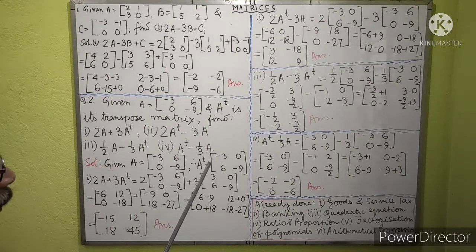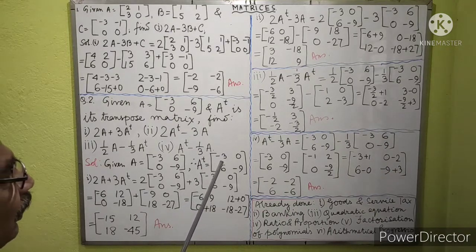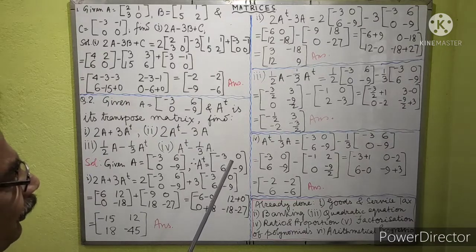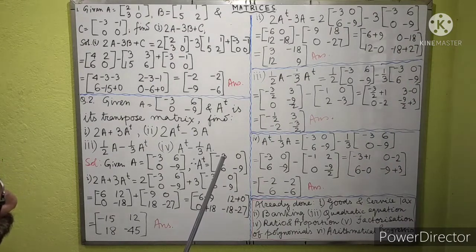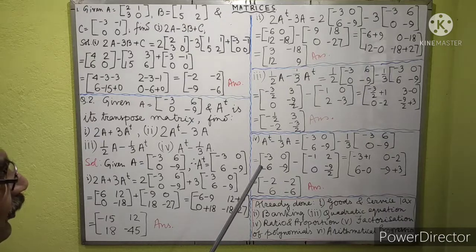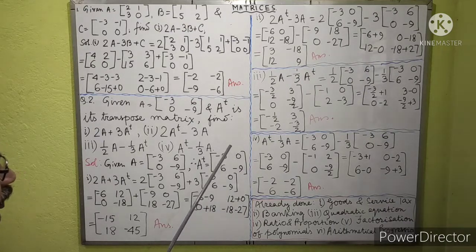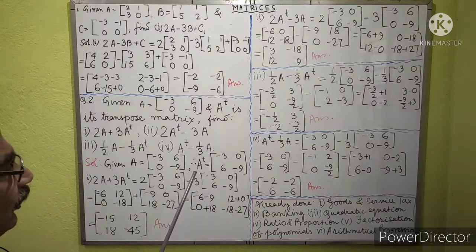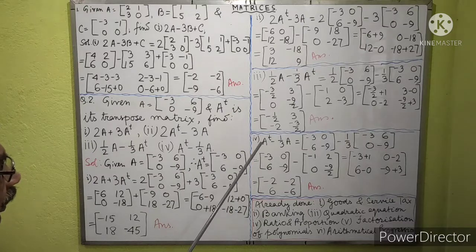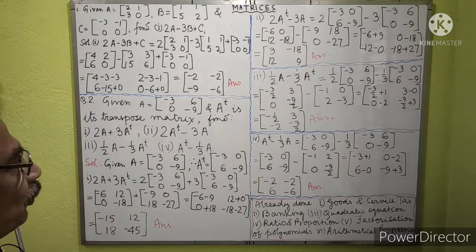Third question, half A minus 1/3 AT. Half A means half into [-3 6; 0 -9], and 1/3 of AT is 1/3 of [-3 0; 6 -9]. After taking its half, we get minus 3 by 2, 3, and 0, minus 9 by 2.